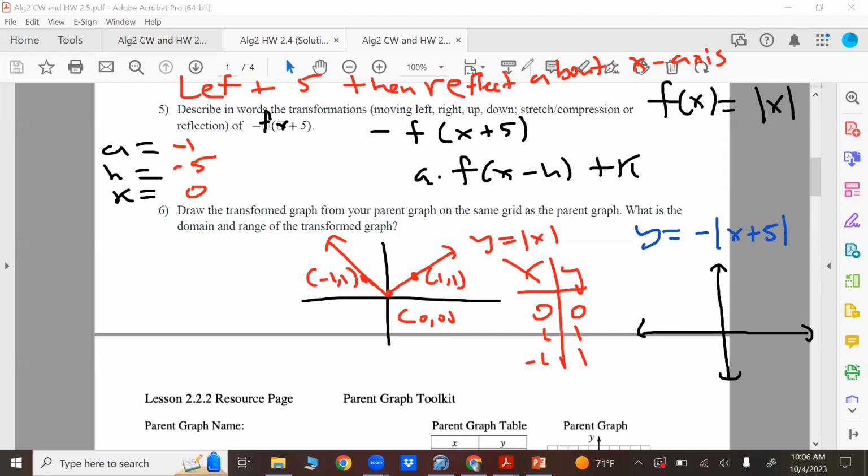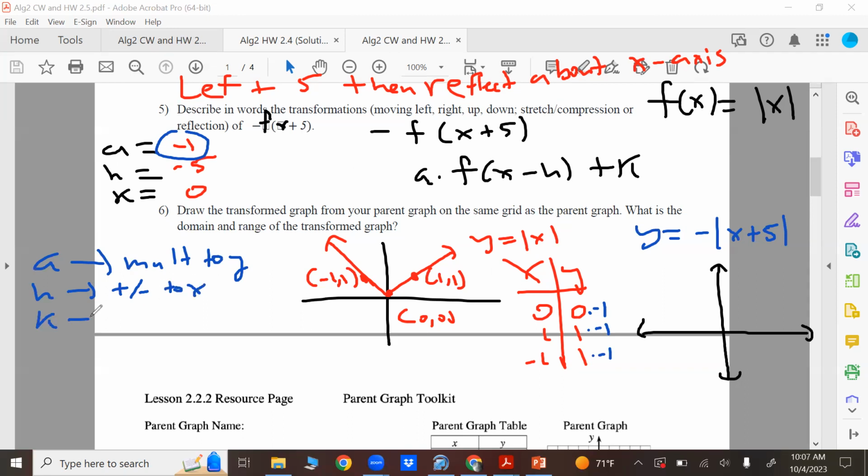Okay, so if a is negative 1, you multiply that to y. So a always multiplies to y. I'll actually write over here. H, you add or subtract to x.